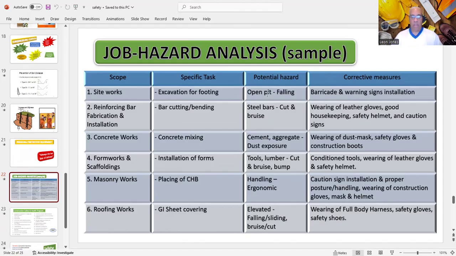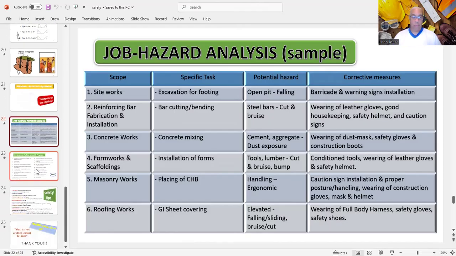That's placing of a CHB, specific task, handling ergonomics. That's your potential hazard. And you have your caution sign installation and proper posture, handling, wearing of gloves, mask, and the helmet. And then you have roofing works, GI sheet covering, that's the task. Your hazard: elevated, falling, sliding, bruises, and cuts. And your corrective measure: wearing of full body harnesses, safety gloves, and safety shoes. And this should also be under quality control as well.